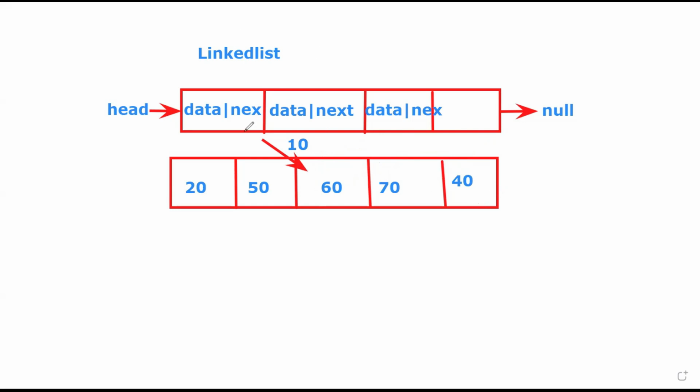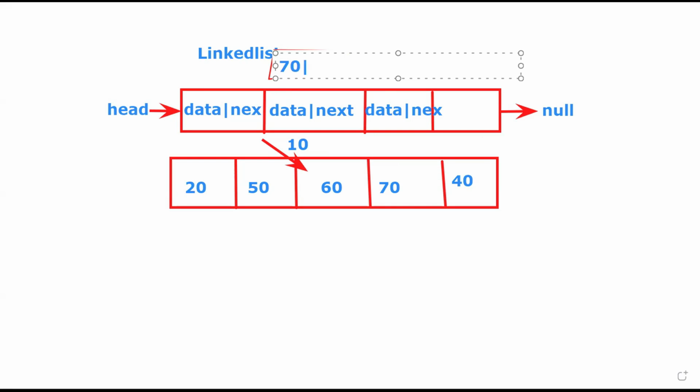Whereas if I have to do the same operation in a linked list, let's say I want to add something here, one element in between at the second position. Maybe I want to enter, let's say, 70. It is always inserted in the form of nodes.